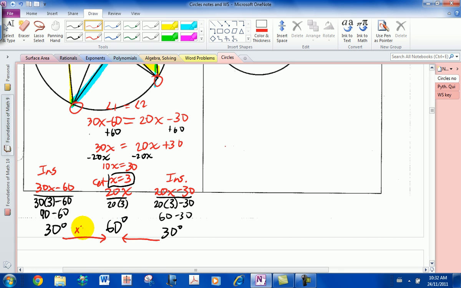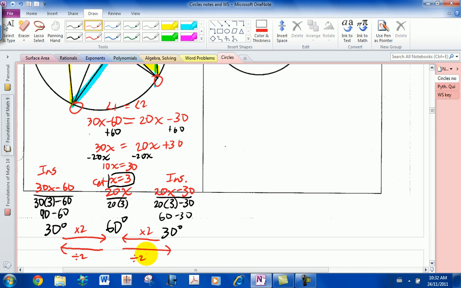Multiply by 2. And you do that to the other side as well. What if you're going the other direction? What if you're going from this large central angle to the smaller inscribed? Divide by 2. And you'd have to do the same thing on the other side, of course.